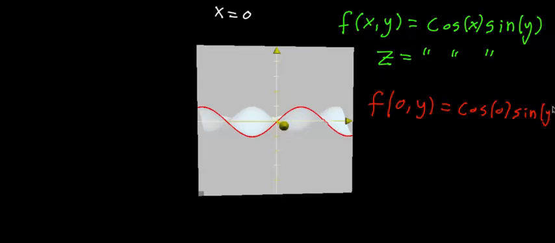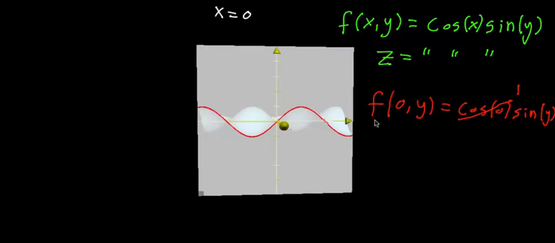And what is cosine of 0? Cosine of 0 evaluates to 1. So this whole function should look just like sine of y, in that when we let y run freely, the output, which is still represented by the z coordinate, will give us this graph that's just a normal two-dimensional graph that we're probably familiar with.